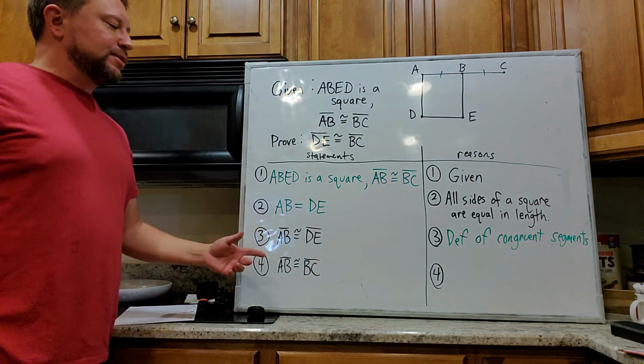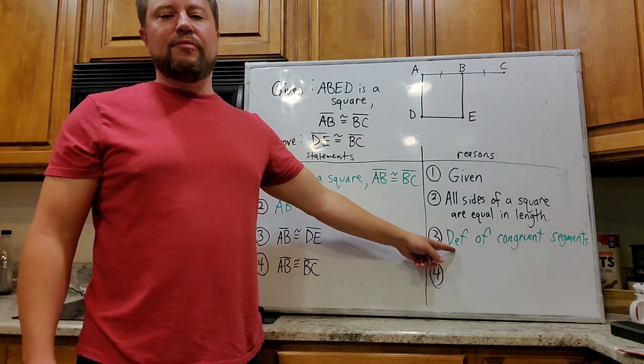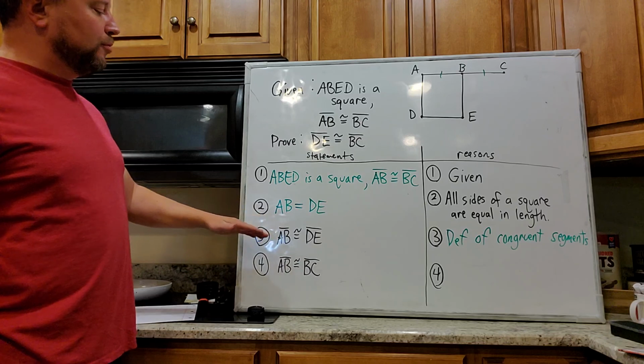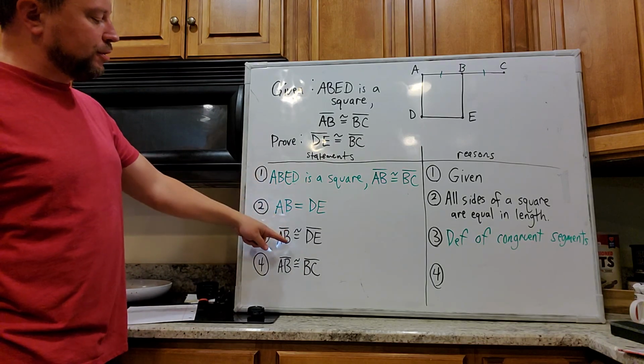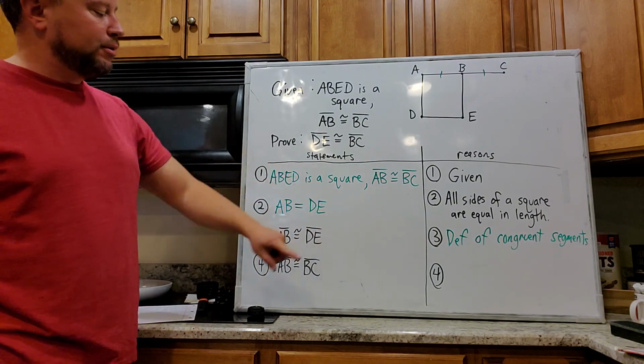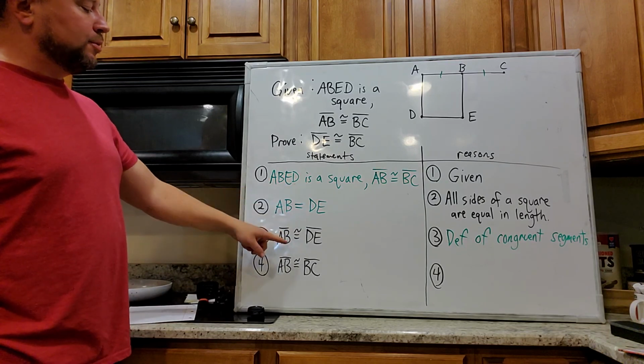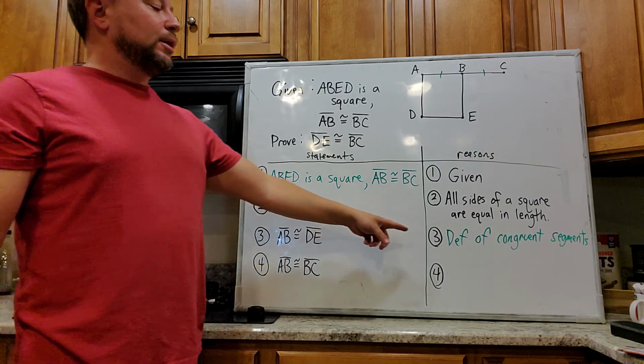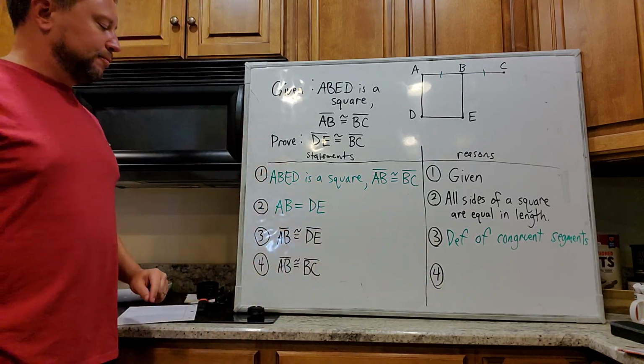And again, I want to emphasize that since it's a definition, it works forwards or backwards. So in a proof, if you go from saying equals to congruent, you're using that reason. Or if you go backwards, from congruent to equals, I'm still using that same definition.